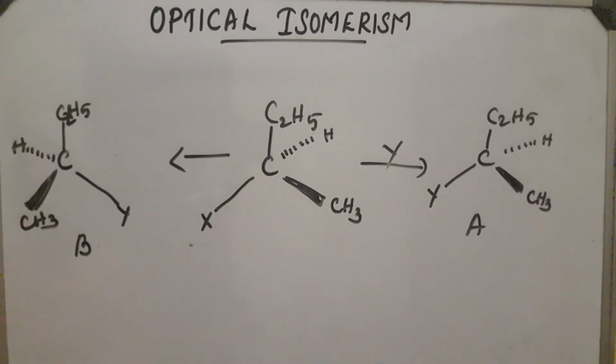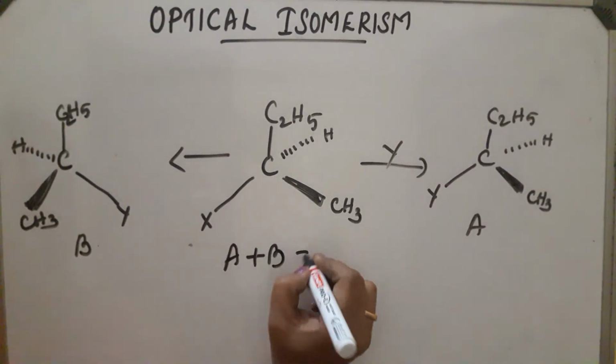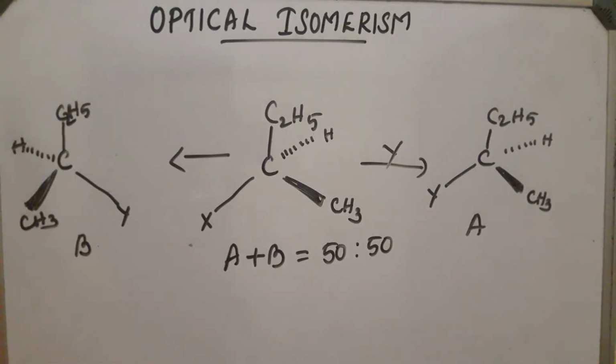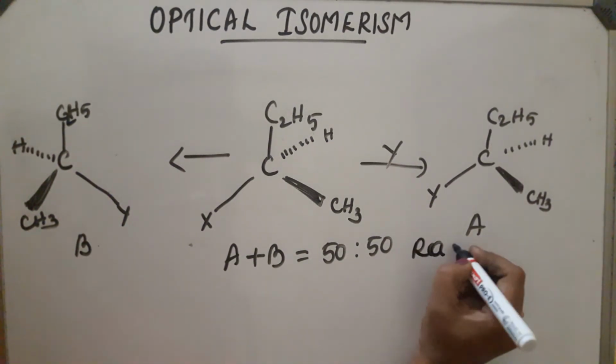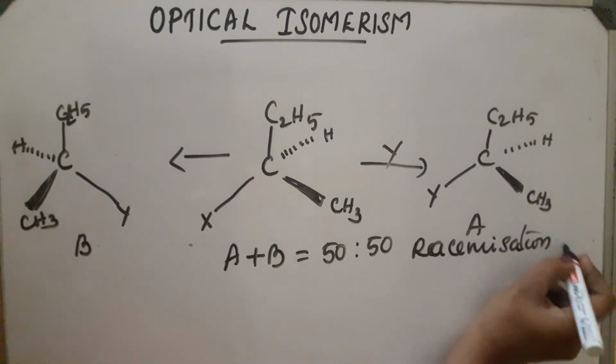If A and B get formed in the ratio 50:50, such a mixture is a racemic mixture and the process is racemization.